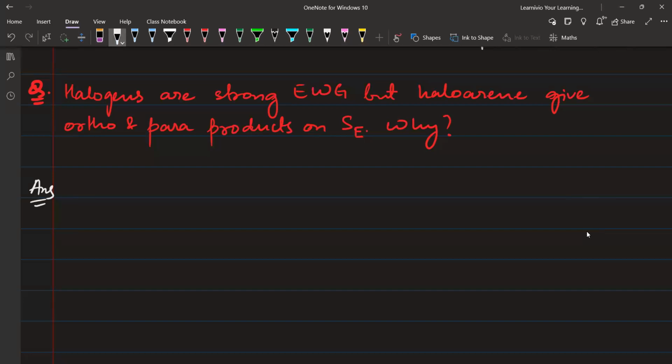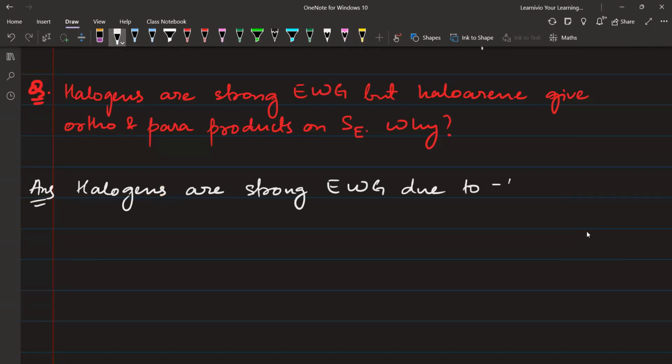Okay. इसके आंसर के लिए, this is how you have to write the answers ना. These words are important. First of all, we will make it clear why halogen is an electron withdrawing group. The halogen atoms are electron withdrawing groups, true. So you can write: halogens are strong electron withdrawing groups. Why? Due to minus I. First thing we have cleared is that it is a strong electron withdrawing group.